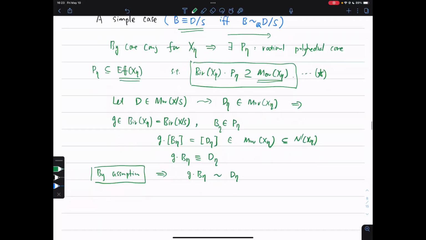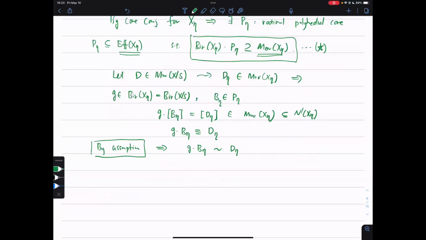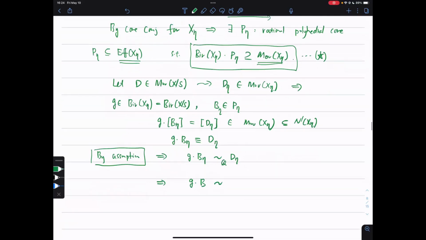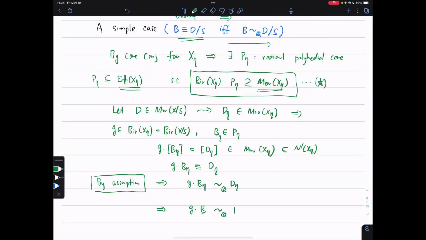And because the two divisors are linearly equivalent over the generic fiber, this just means the two divisors are linearly equivalent, I mean, with Q coefficients or something, in the total space modulo some vertical divisor.